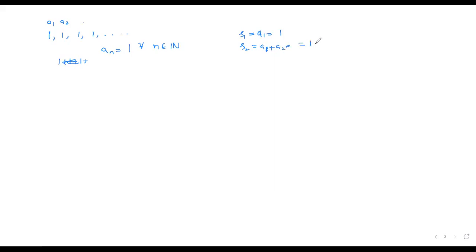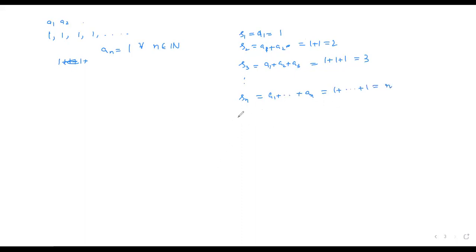That would be 1 plus 1, that's equal to 2. What will S3 be? a1 plus a2 plus a3. That would be 1 plus 1 plus 1, that's equal to 3, right? Similarly my S_n will be a1 plus up to a_n, and since all of them are 1, it would be 1 n times, that's equal to n.